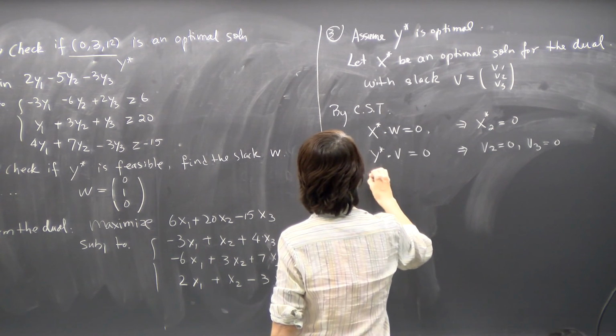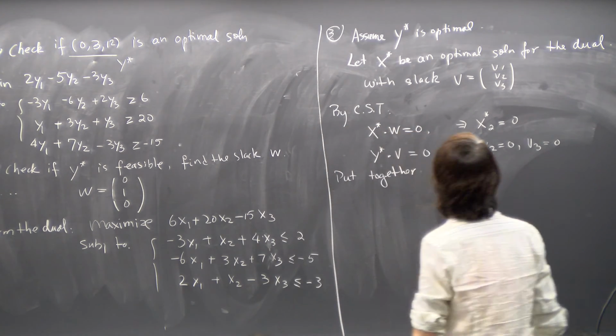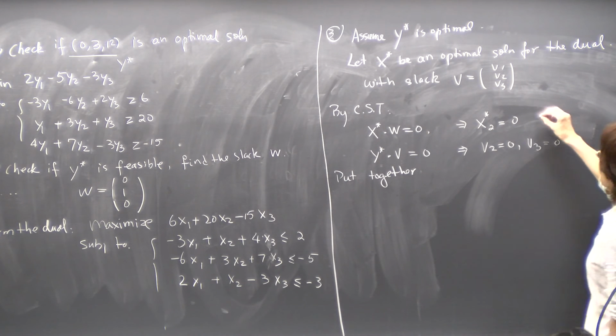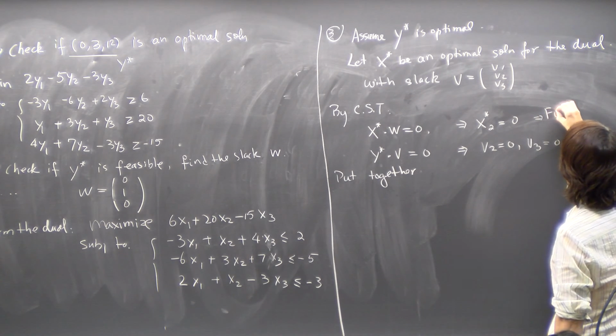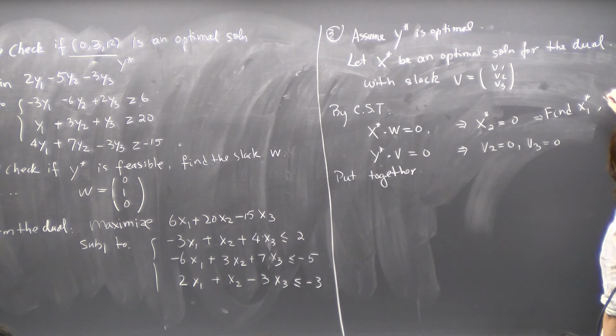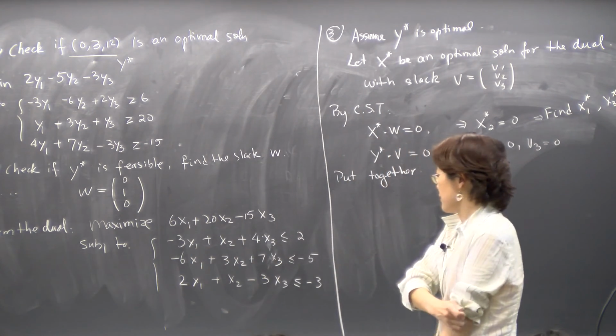Now we put it together and we try to find out. Okay, so we already know x2 star is 0, so what do we need to do? We need to still find two others, x1 and x3. These two we still don't know, is that right? So what I did in the class was we went back to this constraint and we look at it.